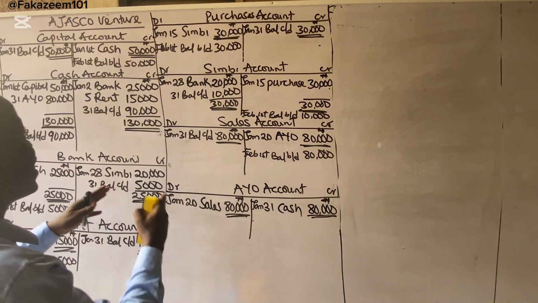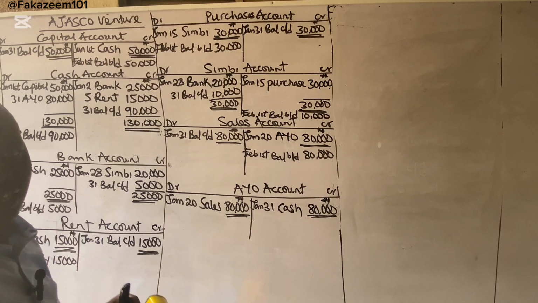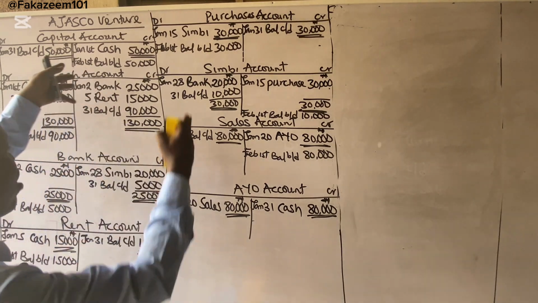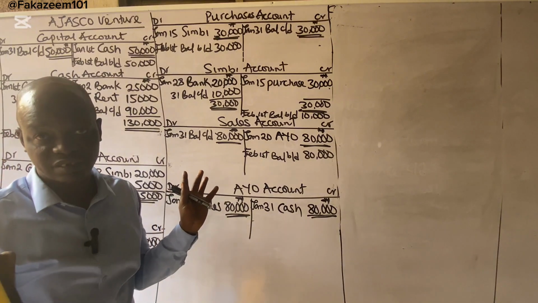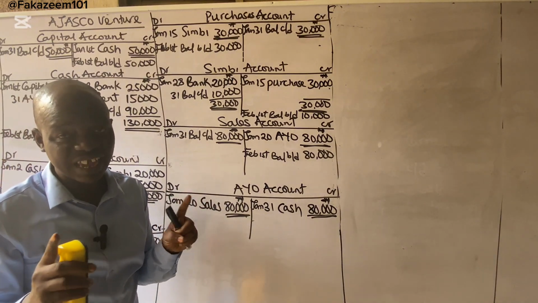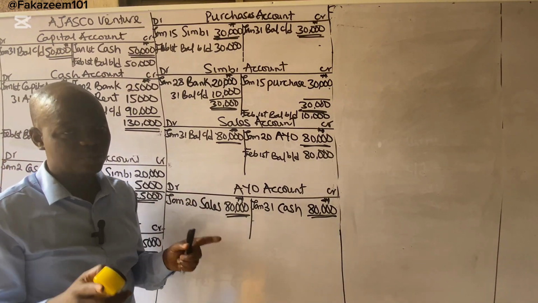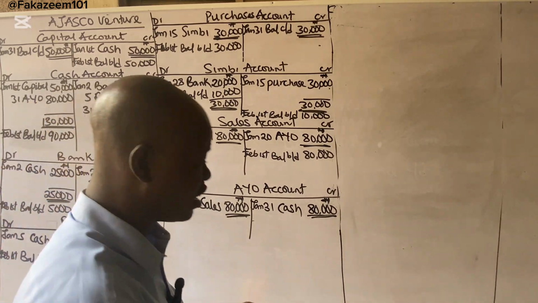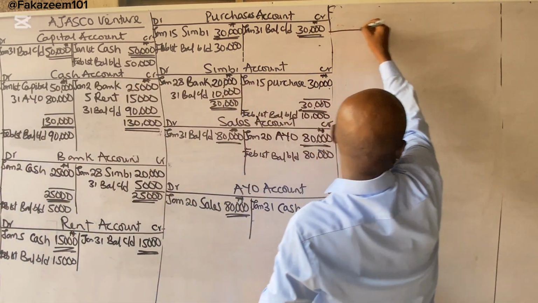The trial balance will summarize everything about the ledger and will also help us to know whether all the items we have posted in the ledger are accurate. If the trial balance refuses to balance, it means something is wrong with our posting. Let's see, how does a trial balance look like? This is a trial balance.